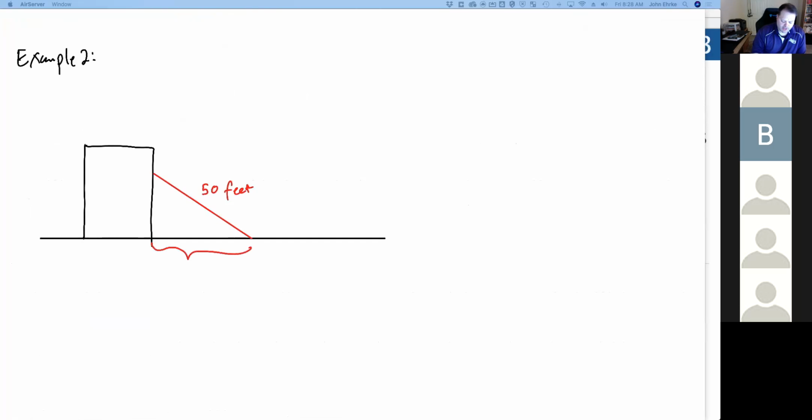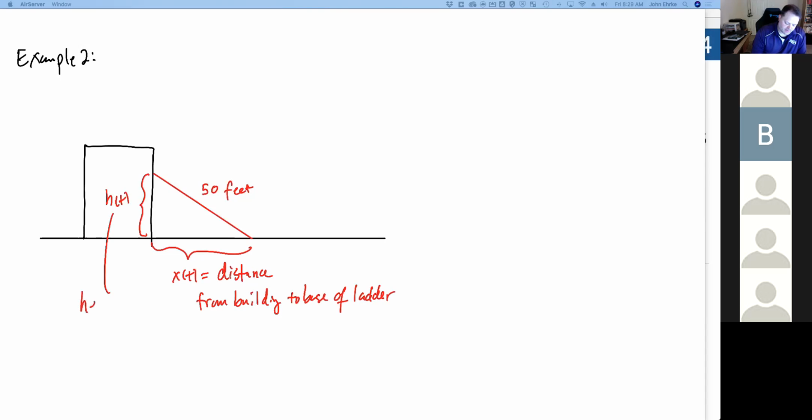I'll call this, once again, x of t the distance from the building to the base of the ladder. And then similarly, I've also got this distance here, which I'll call h of t, which is the height of the ladder in feet.